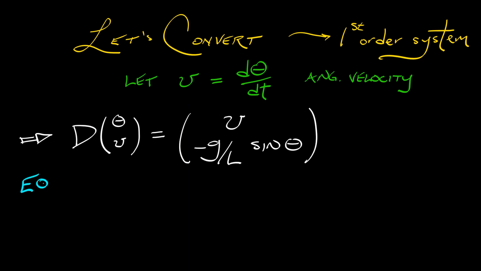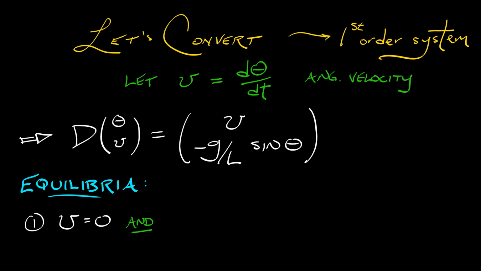Now, of course, our next step is to set this equal to 0, solve for the equilibria. There are two conditions that have to be satisfied. The first is v must be equal to 0, and the second is that, let's see, g and L are positive constants, so sine of theta is equal to 0. That means theta is what?